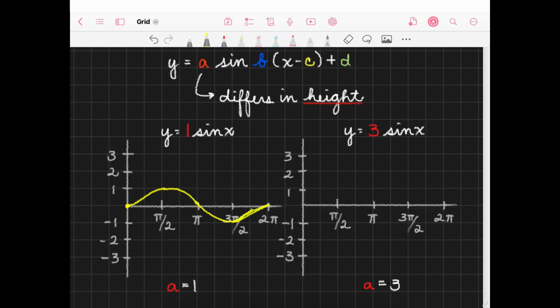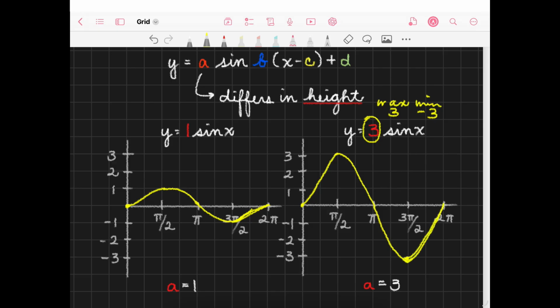While for our 3 times sine x, the maximum and minimum values of y are 3 and -3. So again, when it comes to the sine graph, we always start with the origin, and then we proceed to our maximum point, which is 3 here, and then we go back to 0, and then -3 here at 3 pi over 2, and then go back to 0 here.